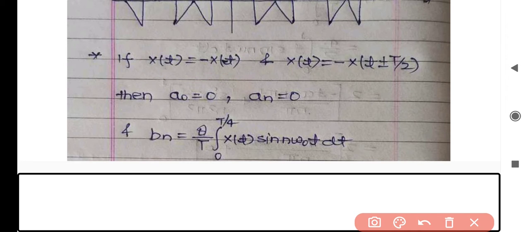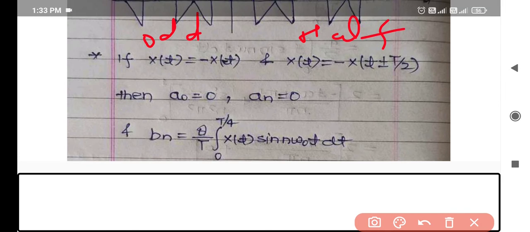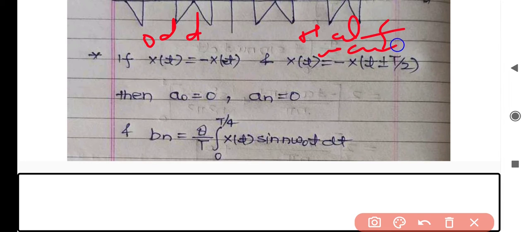It means that it is odd symmetry with half wave symmetry. Then both the coefficients a_n and a_0 will become 0.